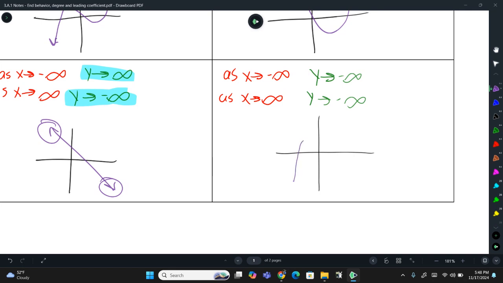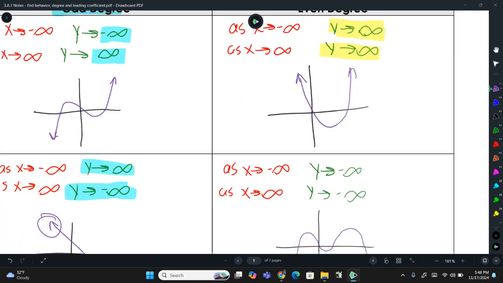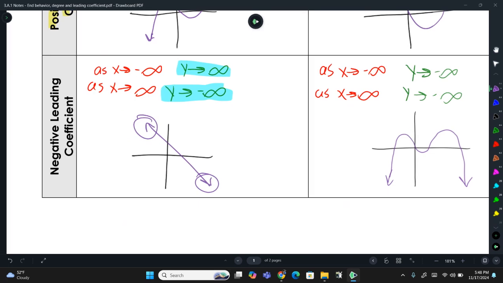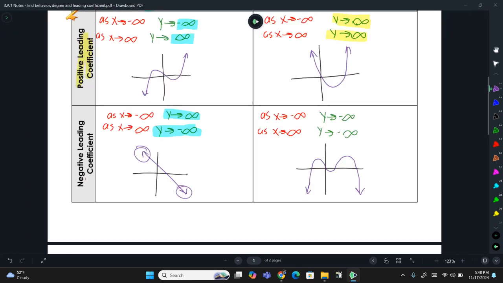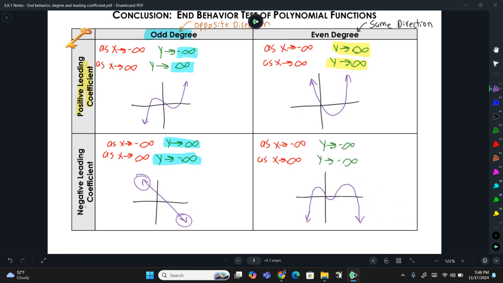But let's just draw. So this function, both ends are going down to negative infinity because it is an even degree and a negative leading coefficient. So we are going to be using this leading coefficient test a lot this unit, so you really need to have that memorized.